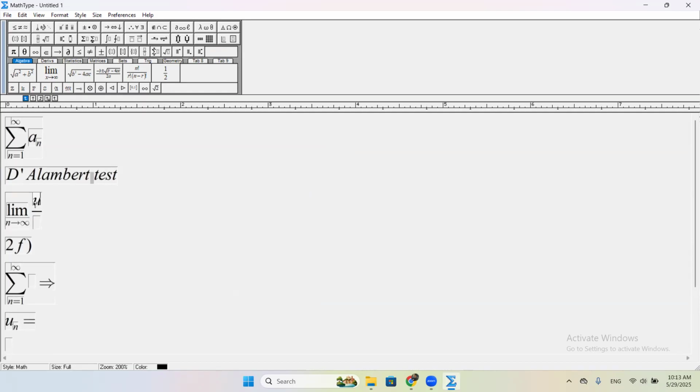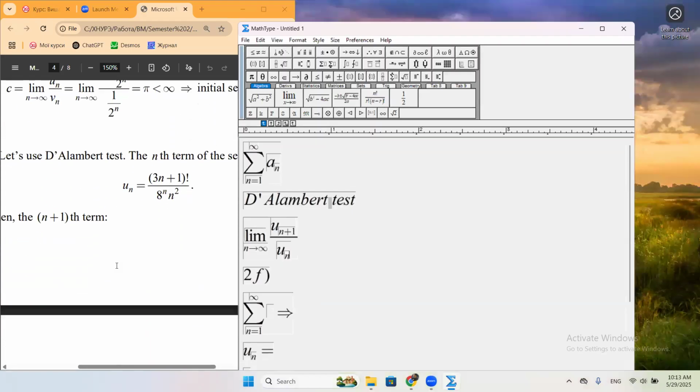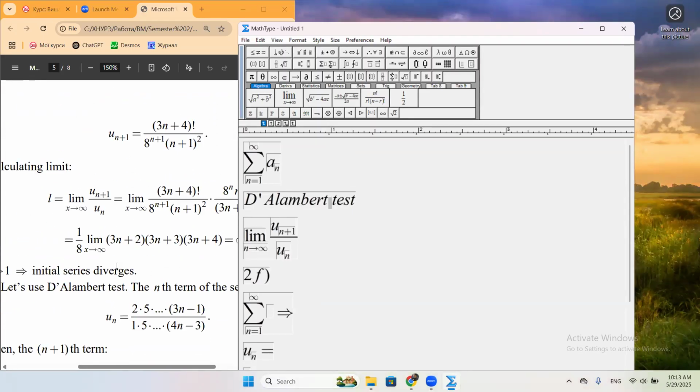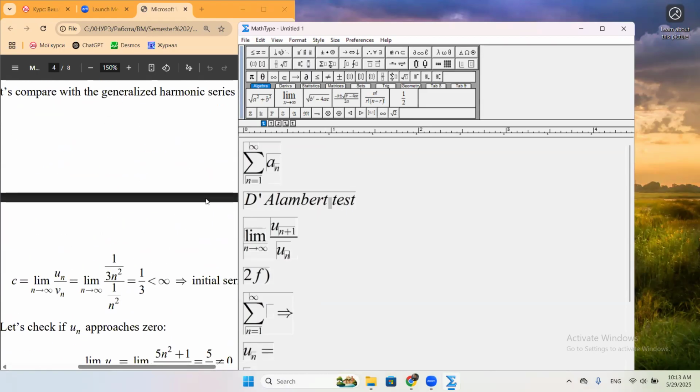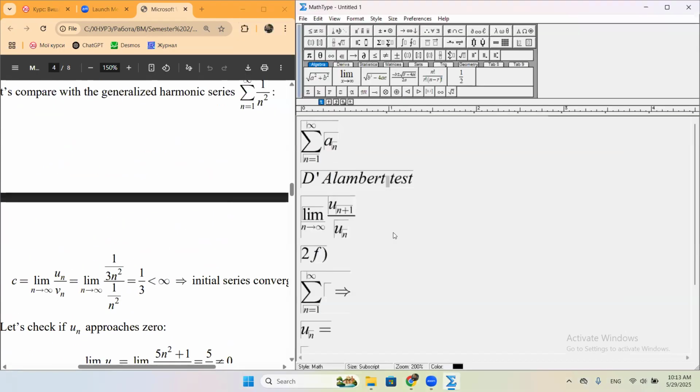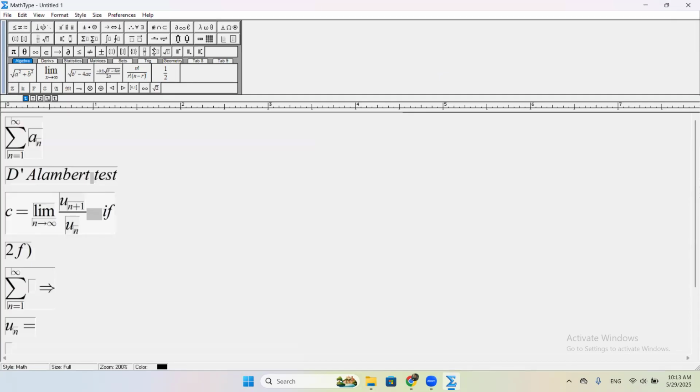So u(n+1) over u(n). Okay, let me check. Sometimes I confuse them. Yeah, so u(n+1) divided by u(n). So we will calculate the following limit. Then, if C is less than 1, the series is convergent.